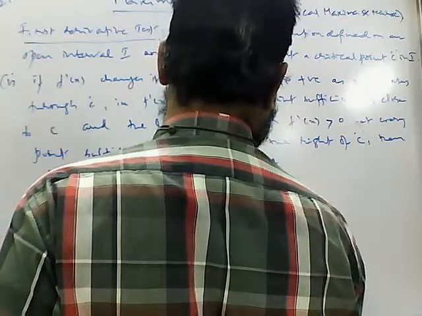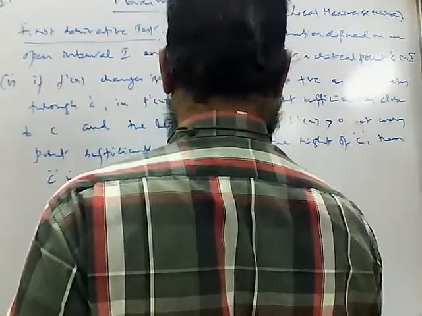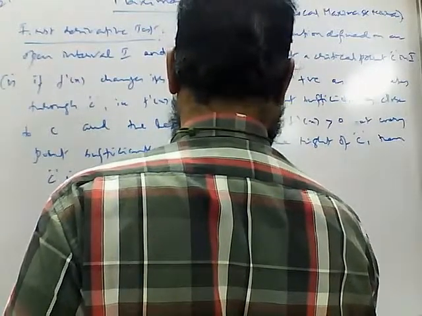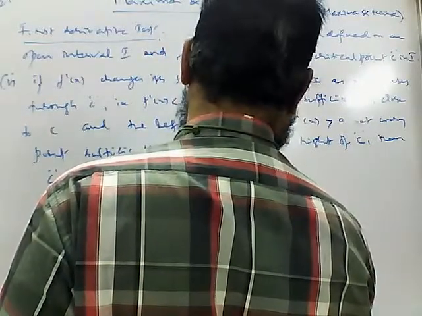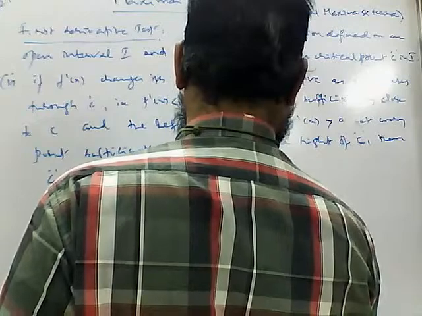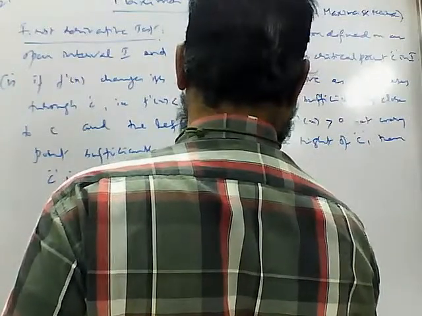Decreasing and increasing. Oh, reverse your table. Decreasing, increasing. f dash C is equal to 0.